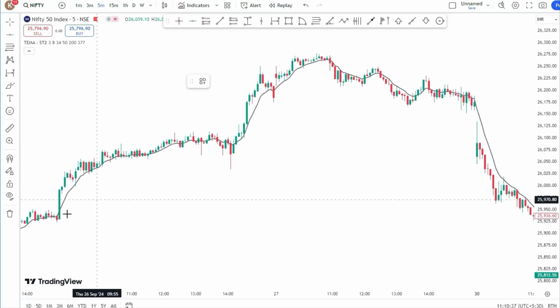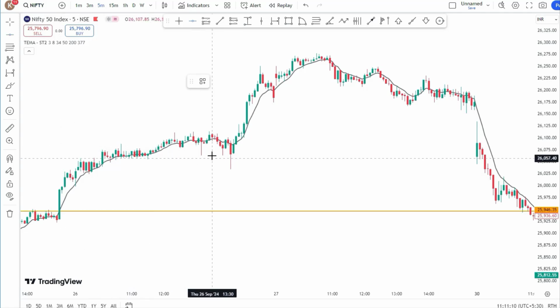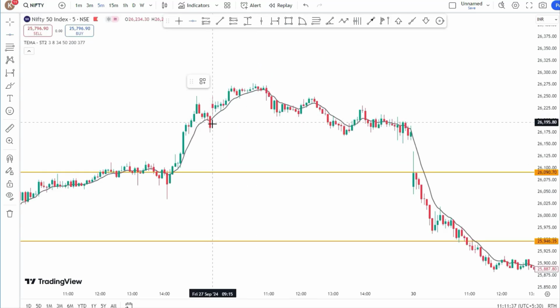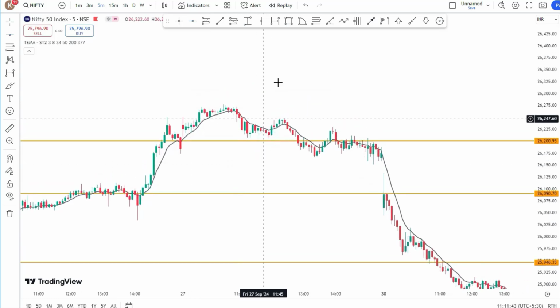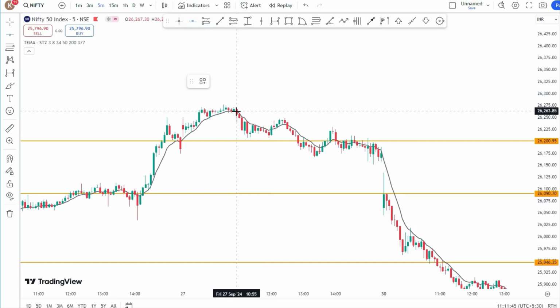On this chart I am putting a line here where the crossover happened. In this case I will put a line where the strong crossover is. So this is also a level we can mark. This is the price crossing to the downside at this 8 exponential moving average, and also this is the next crossover.